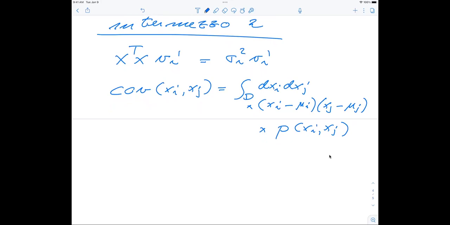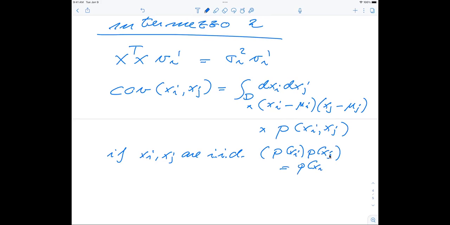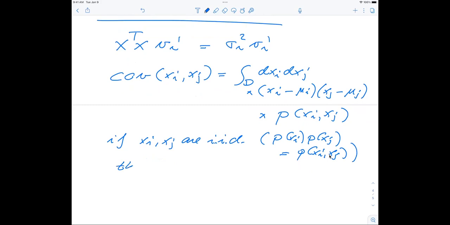And this quantity is 0 if you have identically distributed and independent variables. So if x_i and x_j are iid, which in this case means that p(x_i, x_j) is equal to p(x_i) times p(x_j), then these variables are uncorrelated and the covariance is equal to 0.